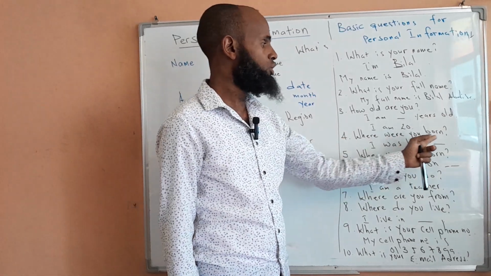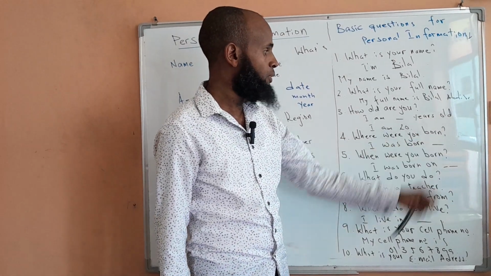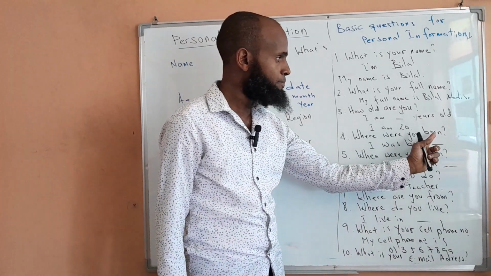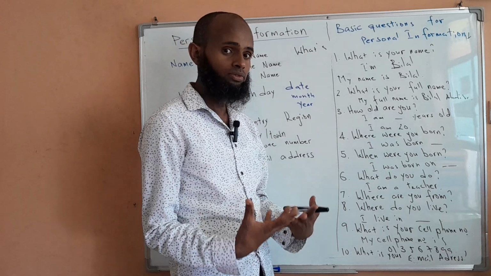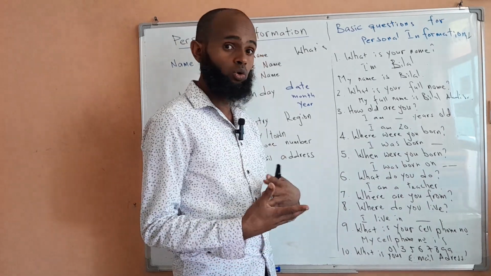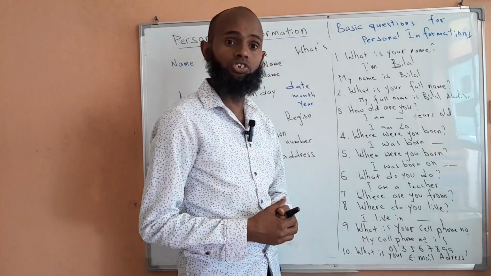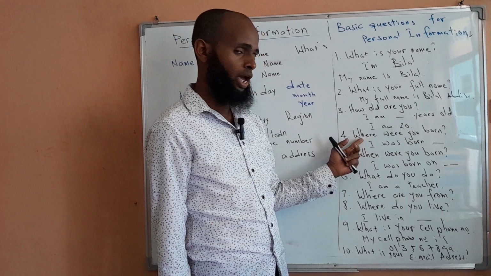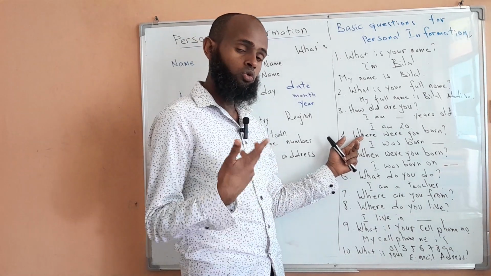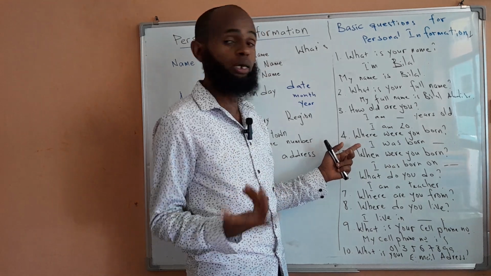Question number 4. Where were you born? This word born shows your birth, the time or the action of coming to this earth. So this WH question, where, is used to ask about a place.